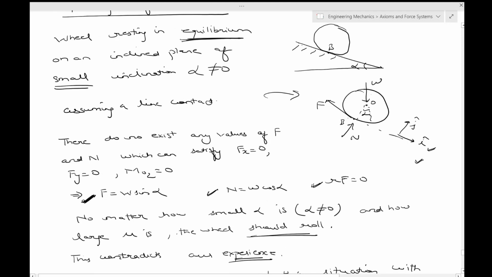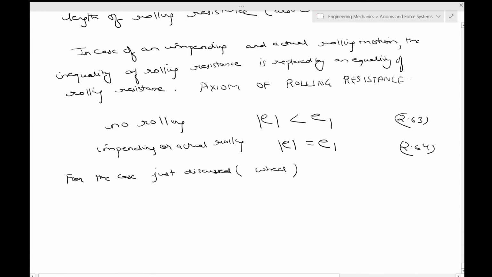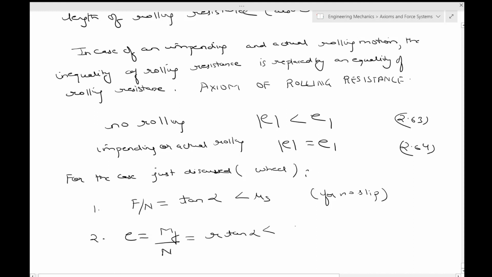For this situation, since we now know, for all the situations we will have F by N equal to tan alpha smaller than mu S for no slip, okay, and E equal to MF by N equal to R tan alpha smaller than E1 for no rolling.